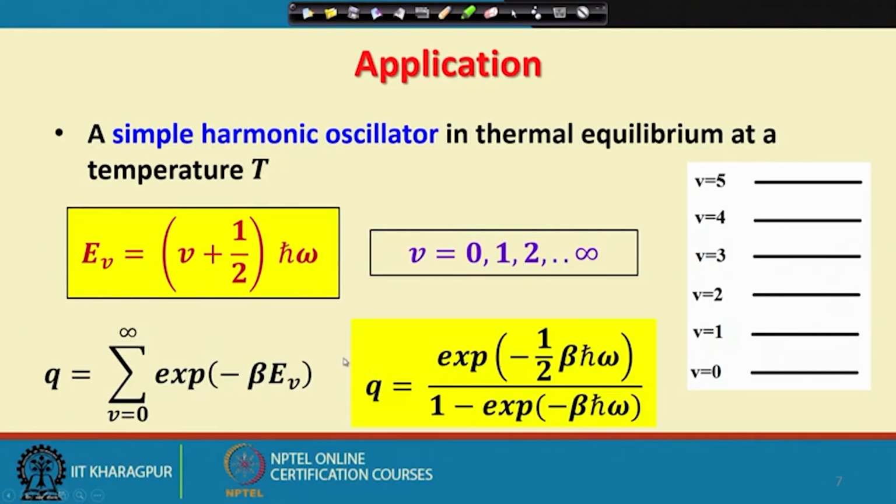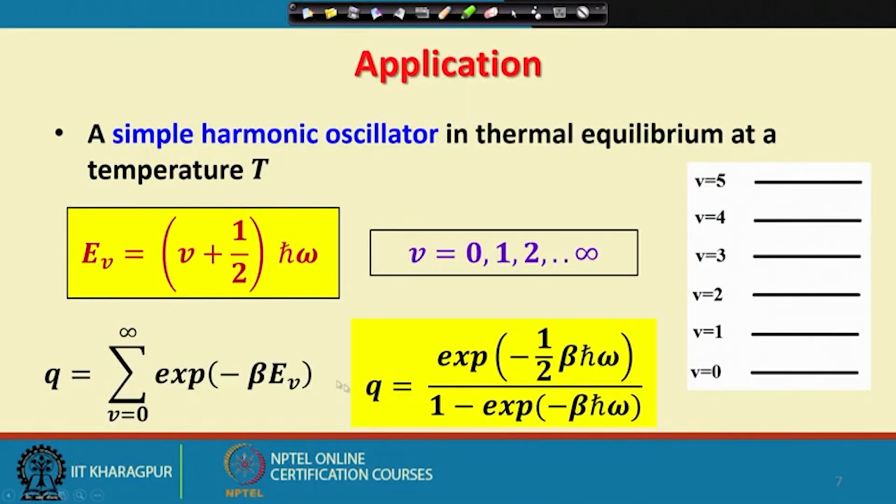Okay. So, following this principle, we have shown you how to evaluate this infinite summation, and we find that there is a very nice analytical expression as shown over here.